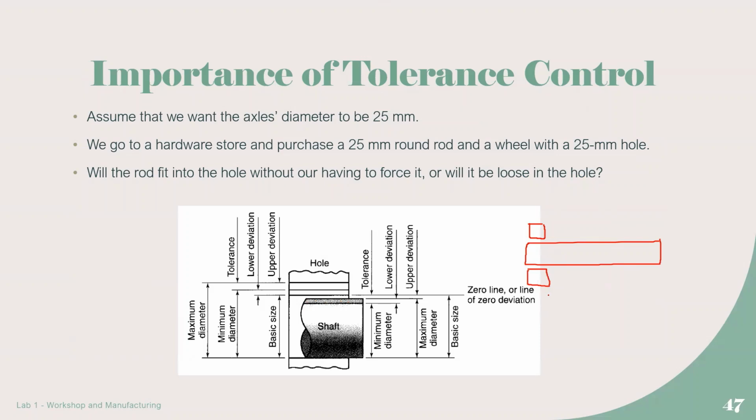So the length of your shaft is not as important as the diameter of your shaft. Why? Because your hole and shaft are connected with each other. They are assembled with each other with their diameters.